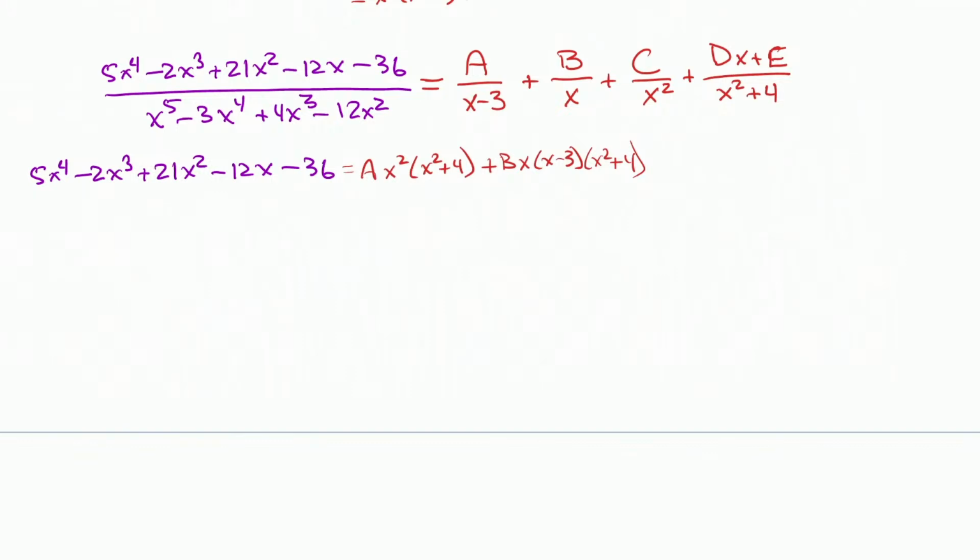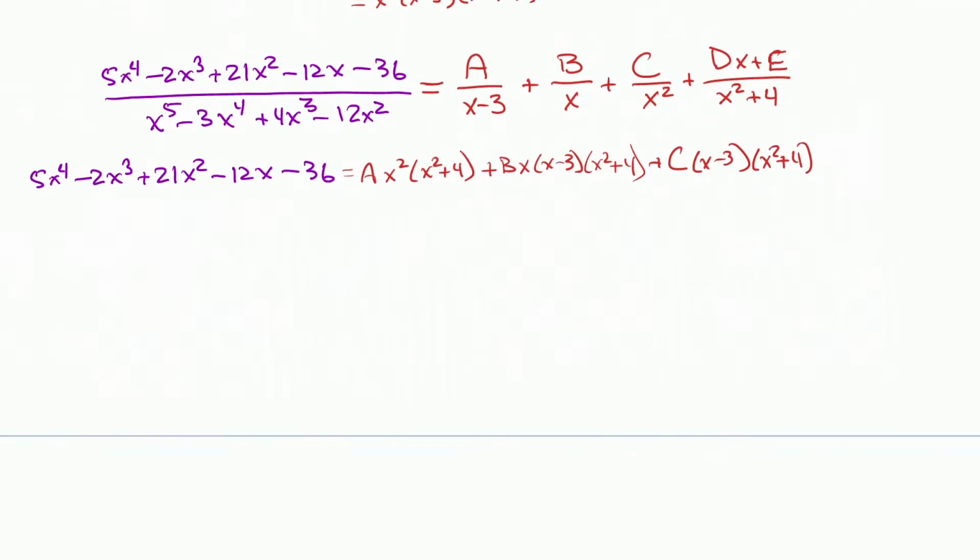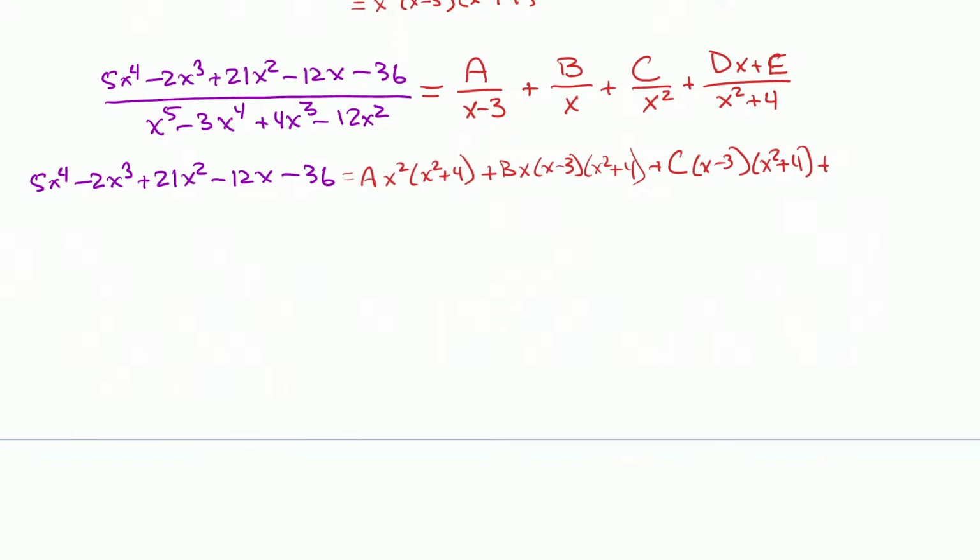When I multiply all of that by the c term, I end up with c times x minus 3 times x squared plus 4, because both of the x factors get canceled. And then finally the dx, this is going to be the ugliest, dx plus e.